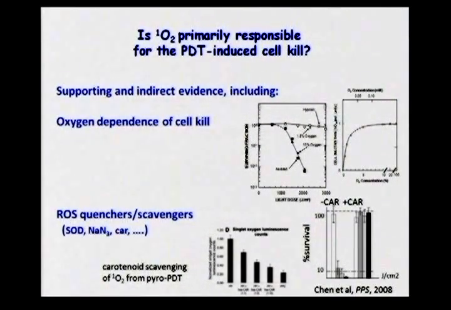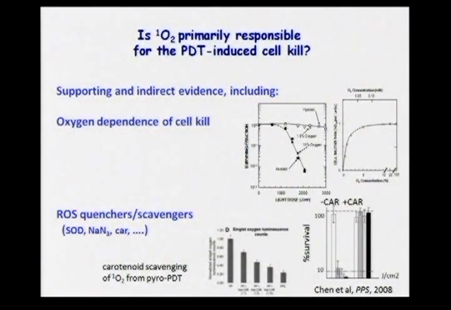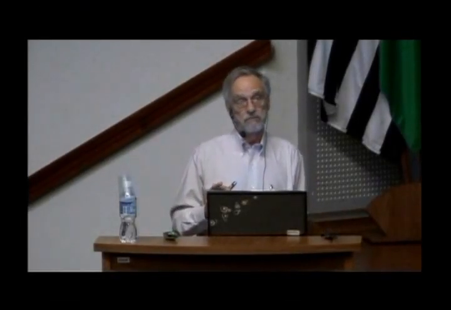And this is a situation where you have very low oxygen, 1.8% oxygen in the solution, and here's 10% oxygen. And this is just the corresponding survival versus oxygen concentration. So clearly, at least under these conditions, the cell kill is strongly dependent on oxygen.